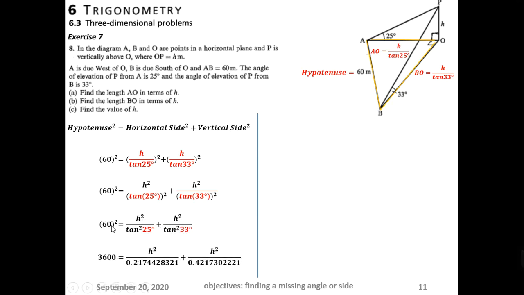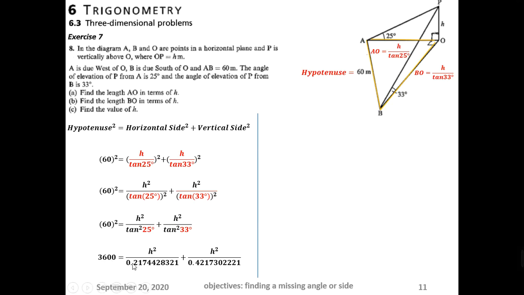If we simplify this further, 60 to the power of 2 means 60 times 60, which is going to be 3,600, is equal to h to the power of 2 over, if you insert the squared button in your calculator, which is x squared, put two brackets. Inside the bracket, write tan of 25, and then put equal.